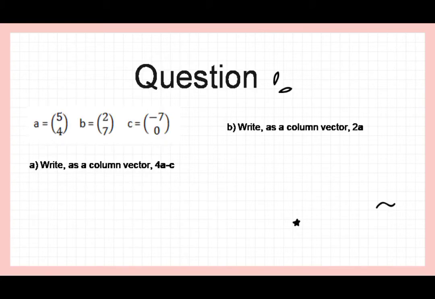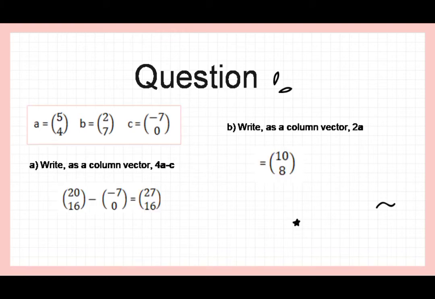Question time. In the first problem, the vectors A, B, and C are shown, with A equals (5, 4), B equals (2, 7), and C equals (-7, 0). Point A: we solve by multiplying vector A by 4 first, which becomes (20, 16).